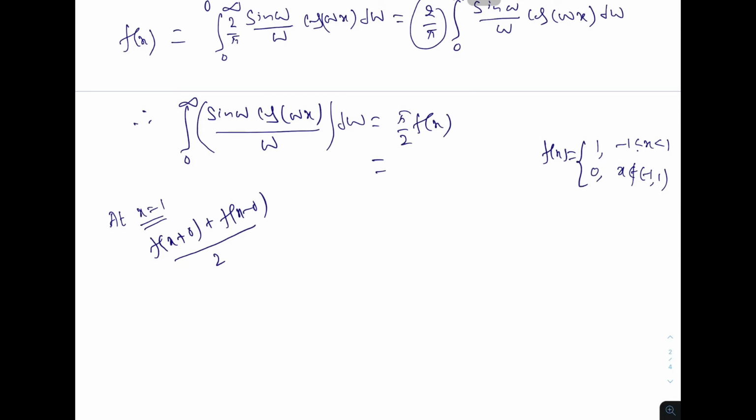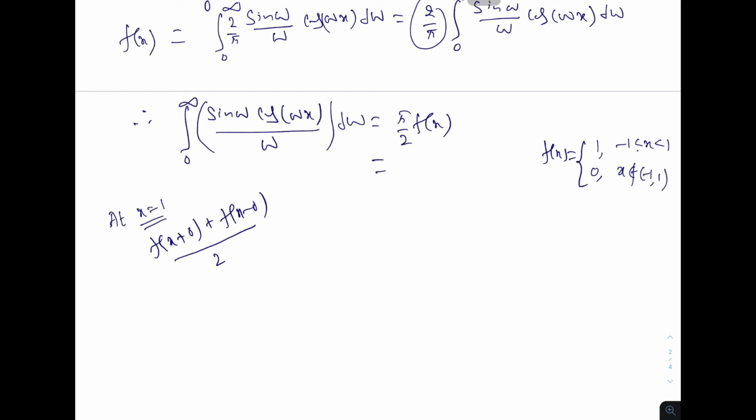Now here the value at 1 is 1. When x plus 0, f(x+0) means the right side of 1.